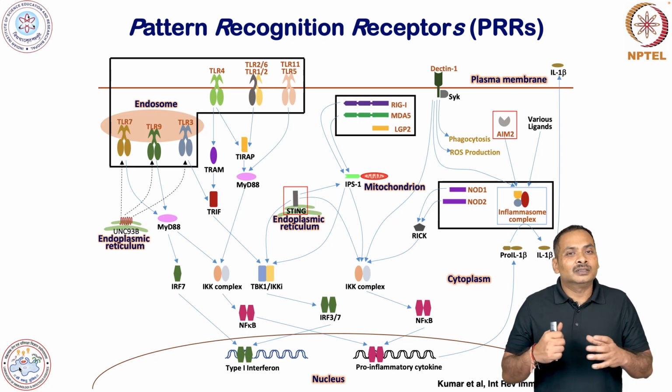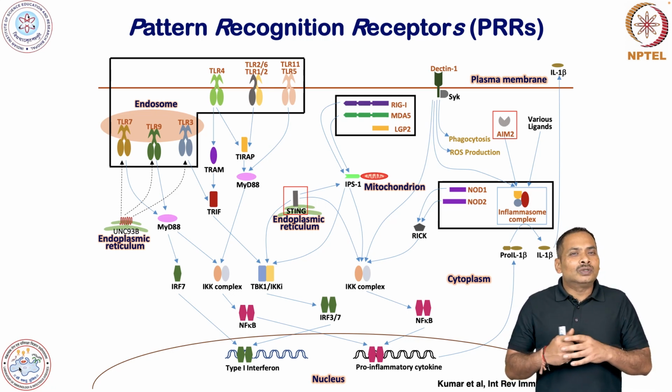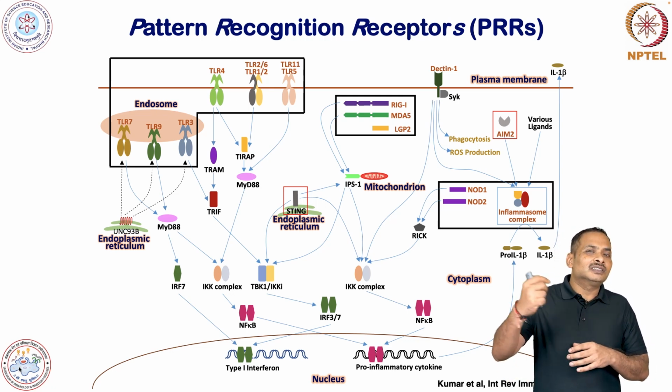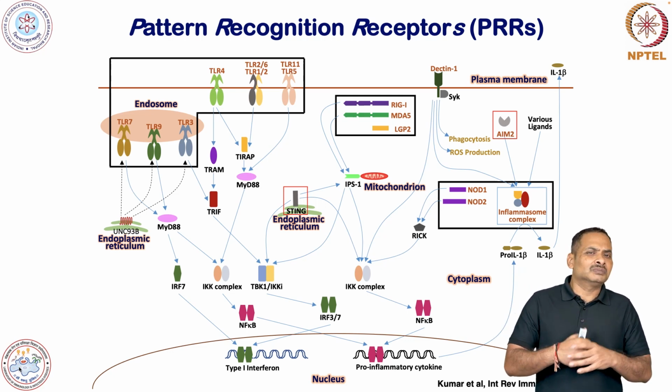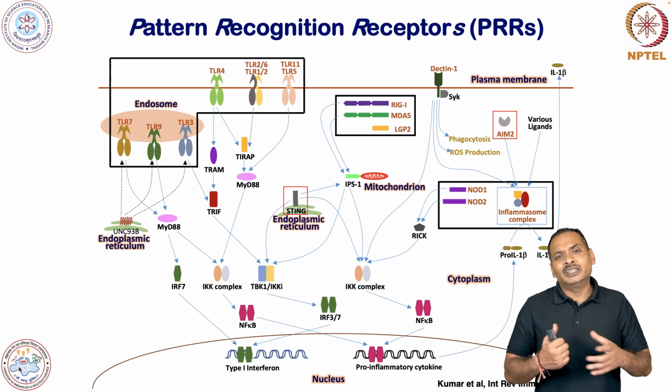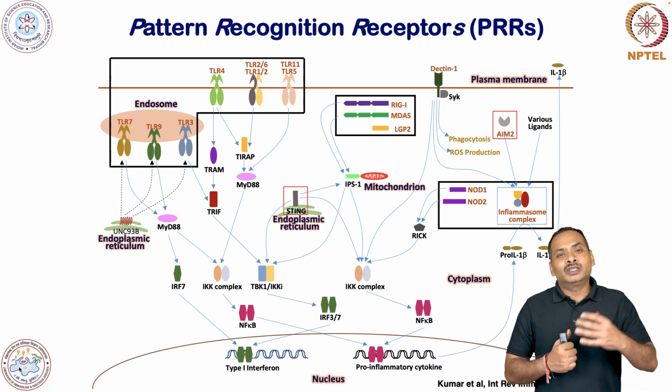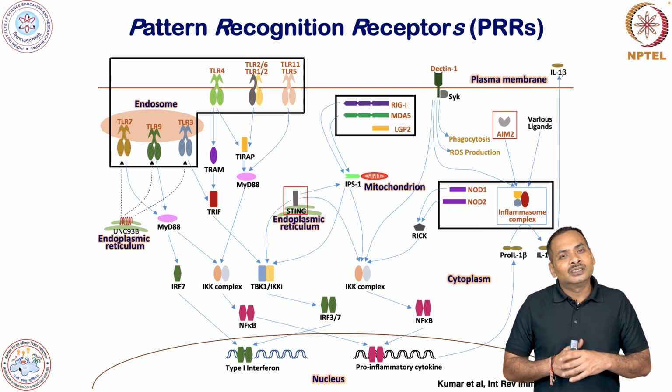And this horseshoe-like structure plays an important role. So, what happens when a PAMP or any ligand comes in contact with the cell?